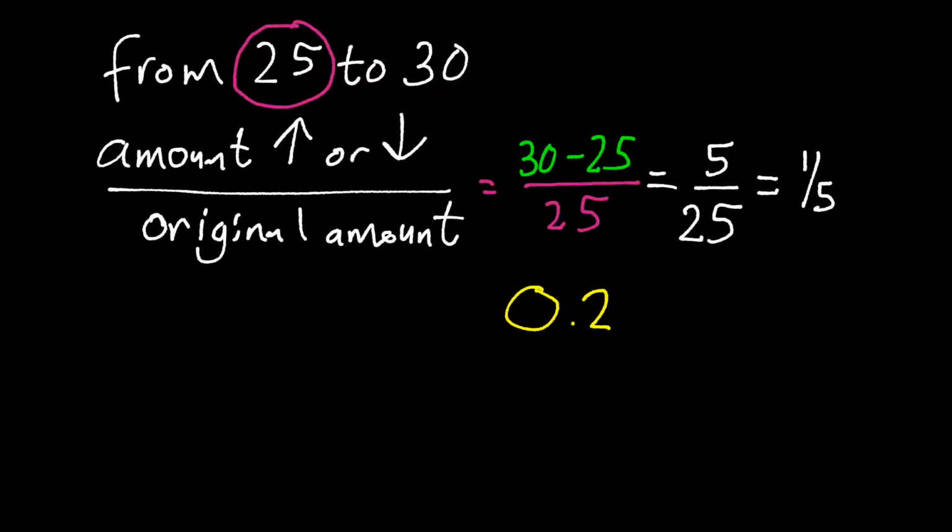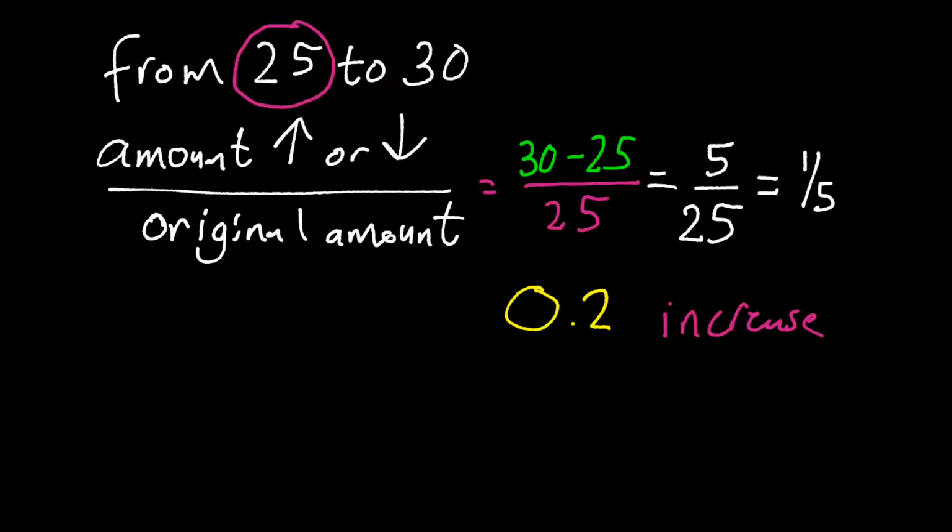The last thing we need to say is whether it was an increase or a decrease. And once again, we turn to our original problem. We started at 25, we went to 30, meaning this must be an increase because our value is increasing. So this is a 0.2 increase.